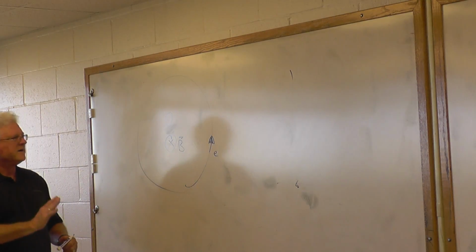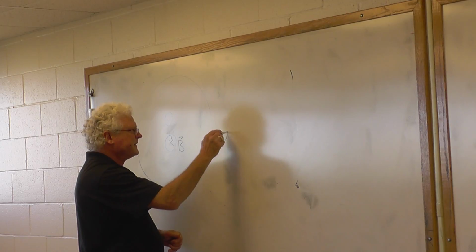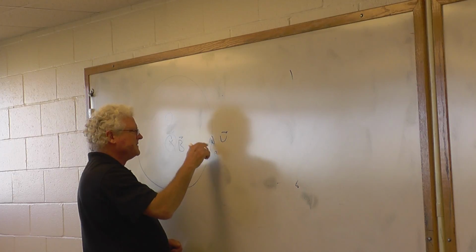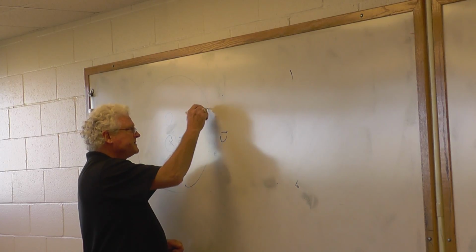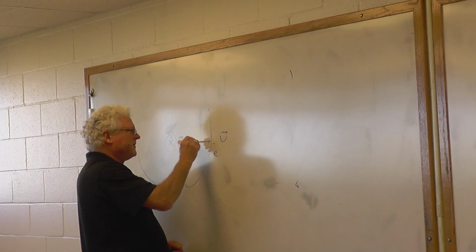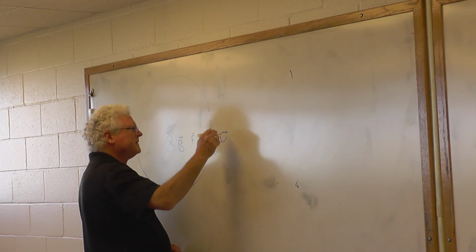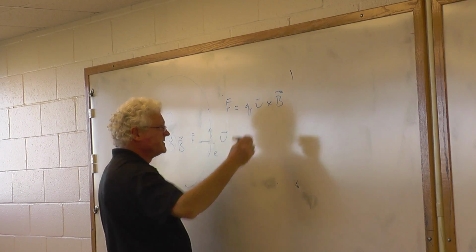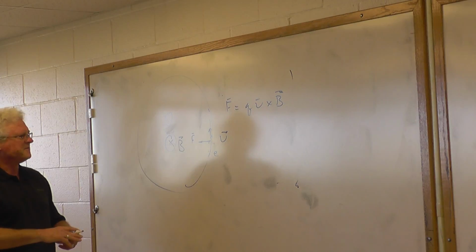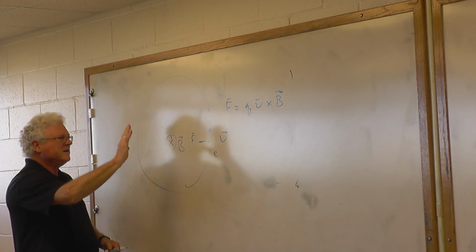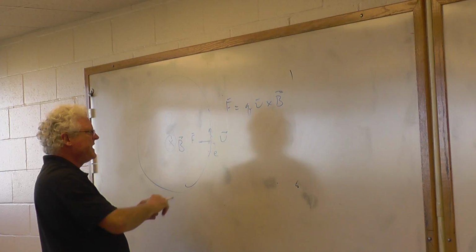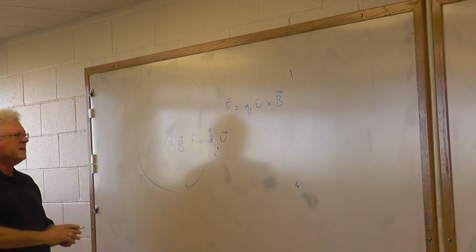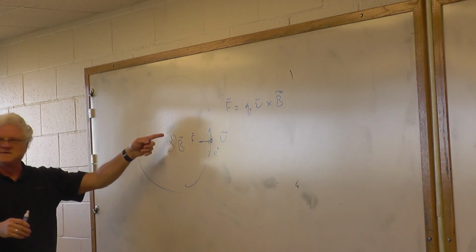The force acting on this particle is going to be QV cross B from your 1322 class. So if B was going into the board and V was going this way, for a positively charged particle, like a proton or positron moving that way, the force would be going toward the center of curvature.